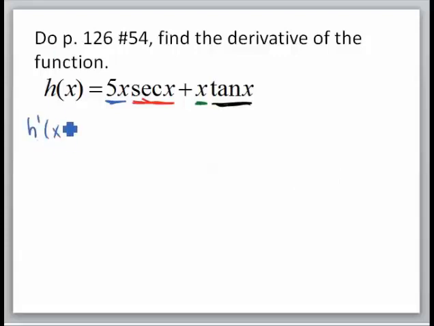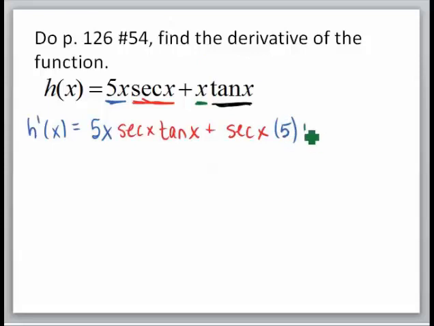So the derivative of h would be first times derivative of the second. The derivative of secant is secant x tangent x, and that's something you guys have to memorize. Secant x tangent x plus the second times derivative of the first, which would just be a 5.